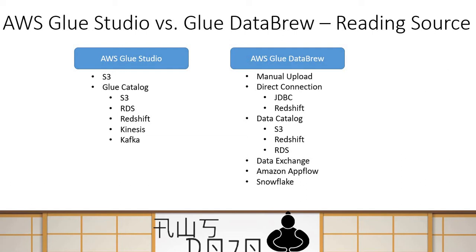So if you see the catalog of how these two can read from data sources and look at Glue Studio, you see Kinesis and Kafka. That tells a lot, because Kinesis and Kafka both support streaming data.